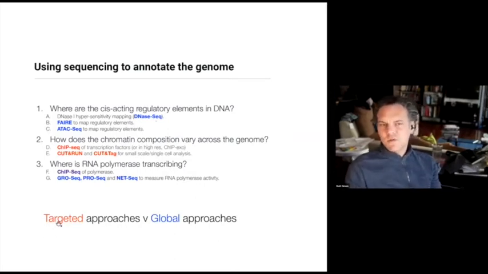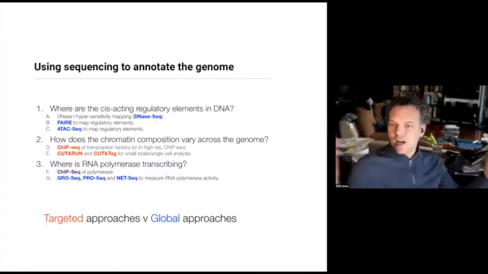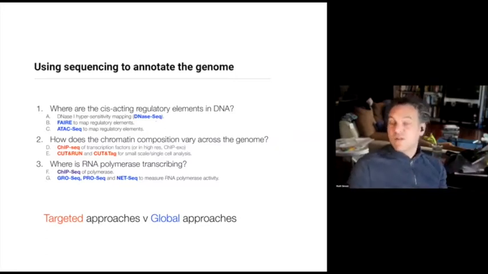But frequently, we're in a position where we actually don't know much about the cells we're studying, and we don't know which specific proteins or modifications are most important. And so there are a subset of global approaches that allow us to ask more generic, fishing expedition type questions, to ask things such as, in all of my genome, where are there proteins that are bound to it, regardless of what they are? And then other times we want to take targeted approaches to only look at specific ones. So let's start with some of the global approaches, and let's think about the problem of the genome.